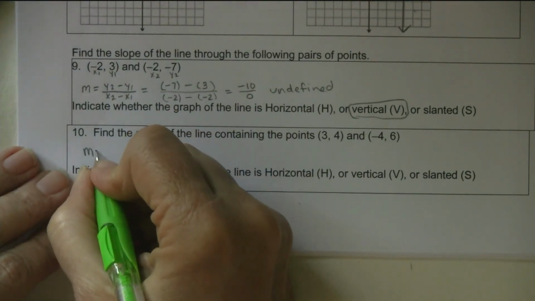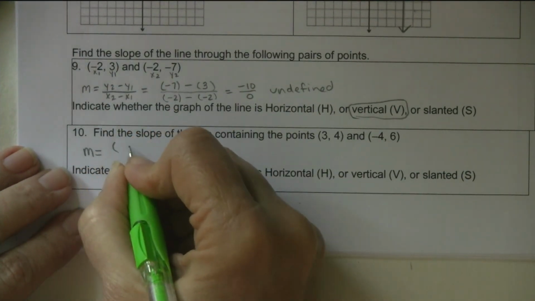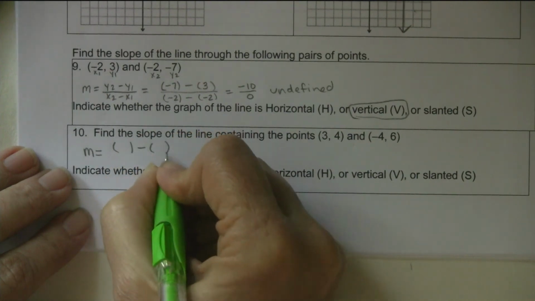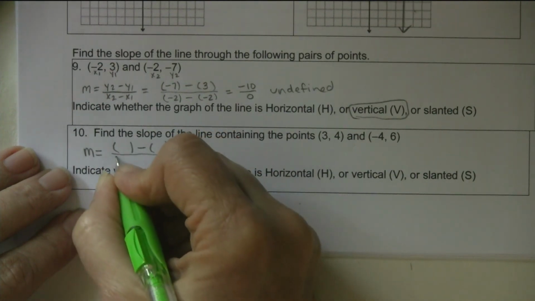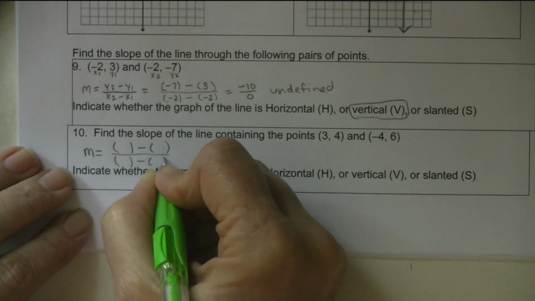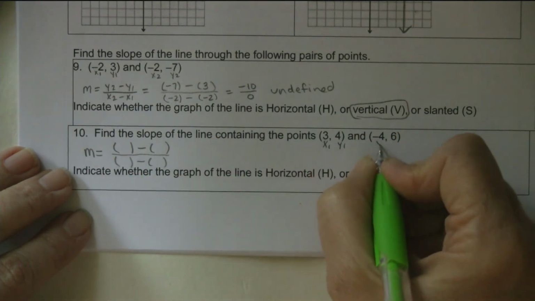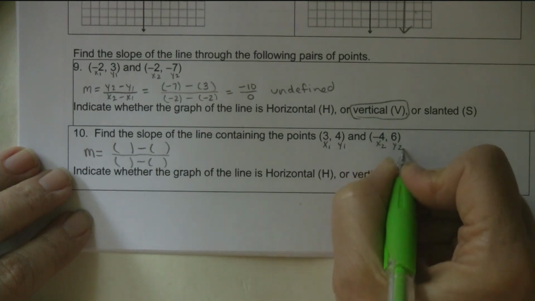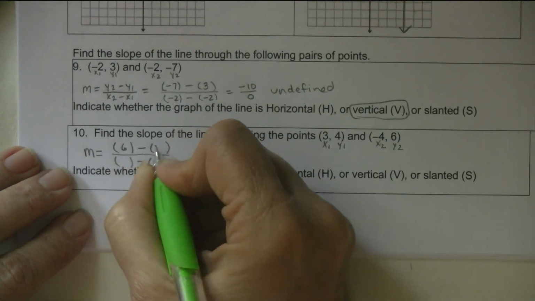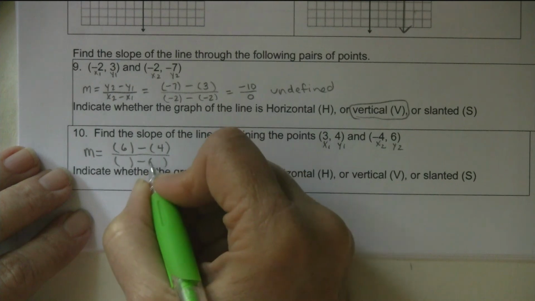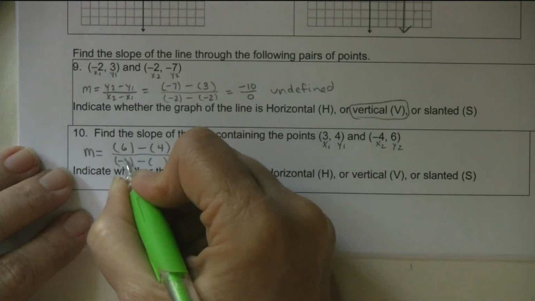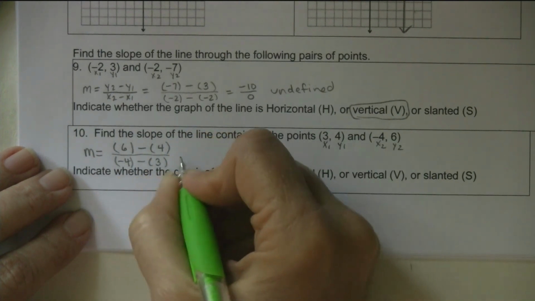So we'll try that here. For our slope, I've got the formula written up there, so I'm not going to write the formula again. I'm just going to fill in the blanks. So this is x1, y1, x2, y2. So this is 6 take away 4, and -4 take away 3.